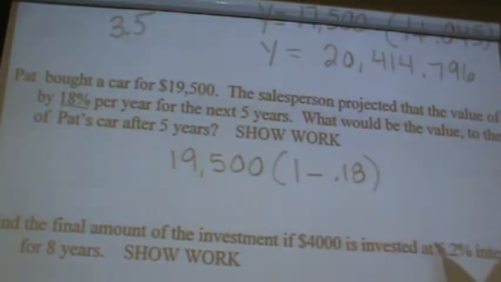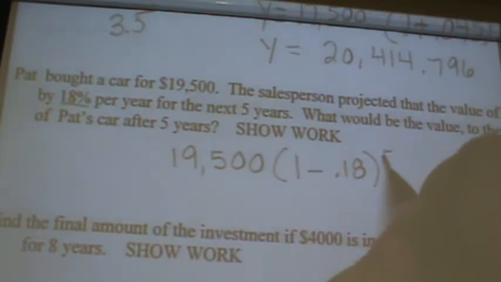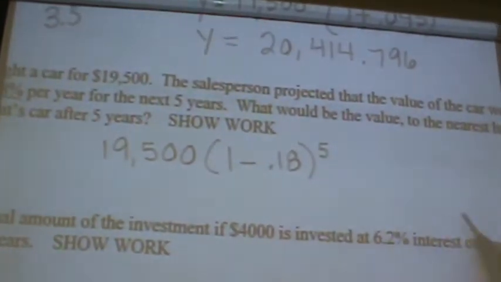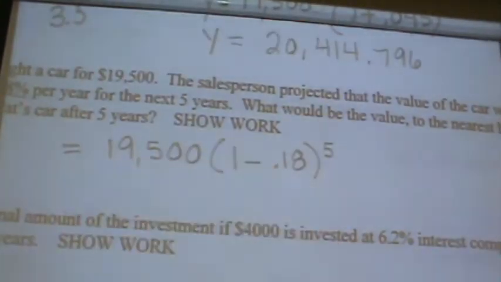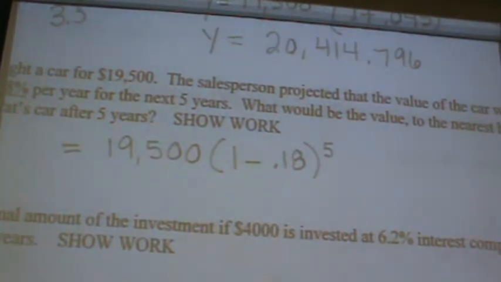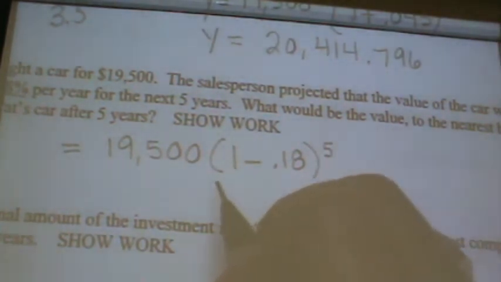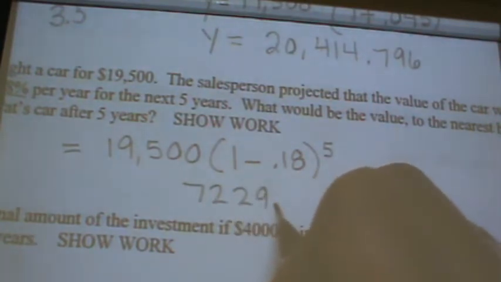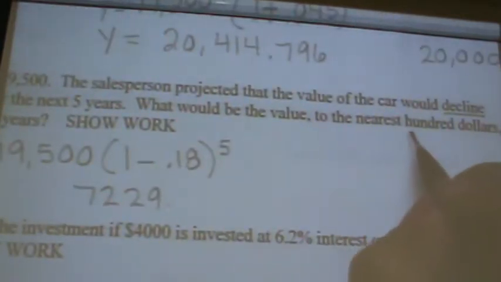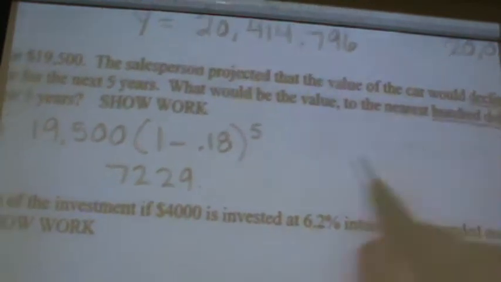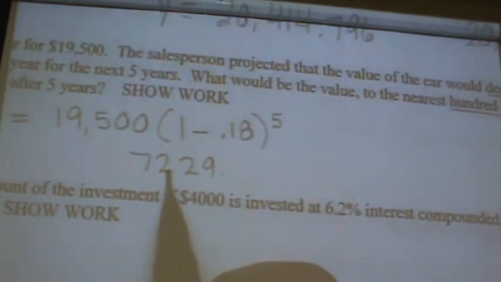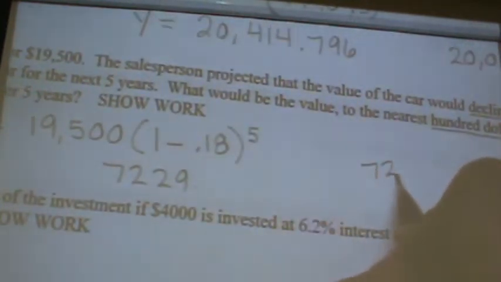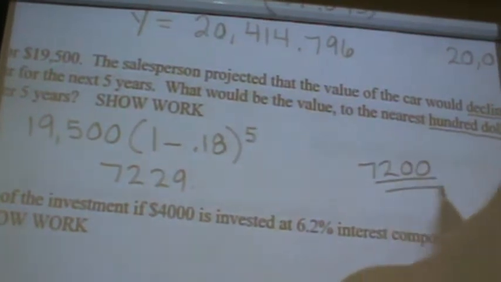And I want to know for the next 5 years, what's the car going to be worth? $7,229. But the question says to the nearest $100. So it'd be 7,200 to answer this question, 7,200.